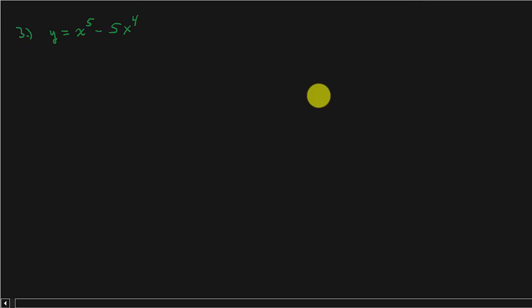So let's see what we have here. Same thing. Y prime, that's 5x to the 4th minus, what is that, 20x cubed. And so 5x to the 4th minus 20x cubed equals 0.